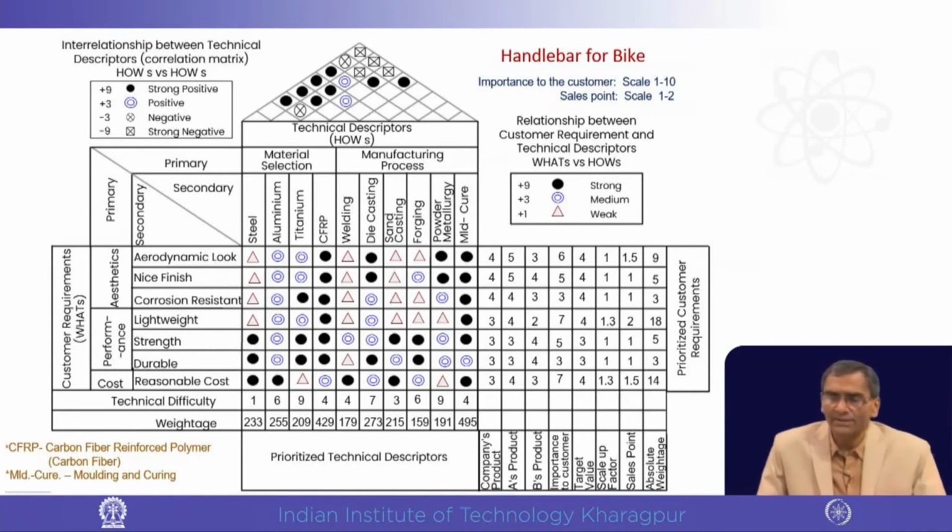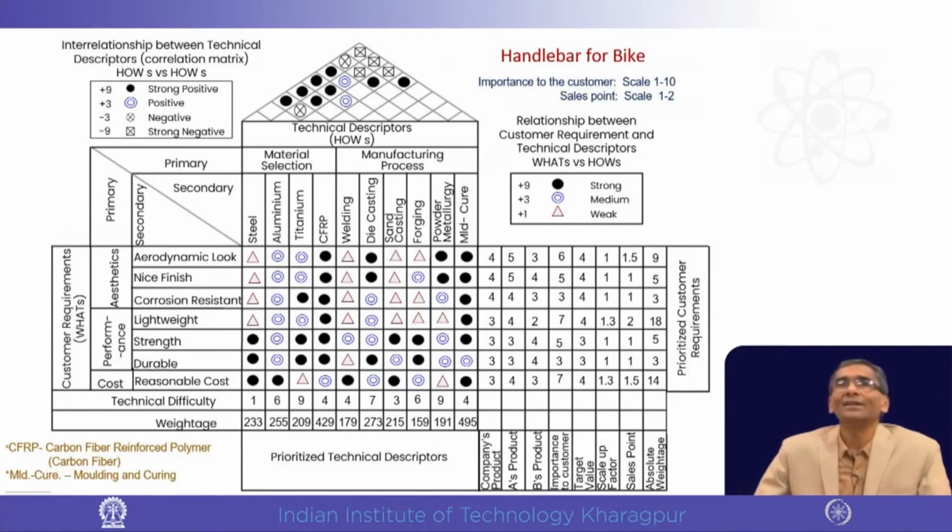Now, like that all the rows are filled up. Rest is easy, because now we will multiply each cell. Now, when I am saying each cell, the symbol will be converted to the numerical value. Triangle means 1, the circle within circle means 3, and the solid dark circle means 9.